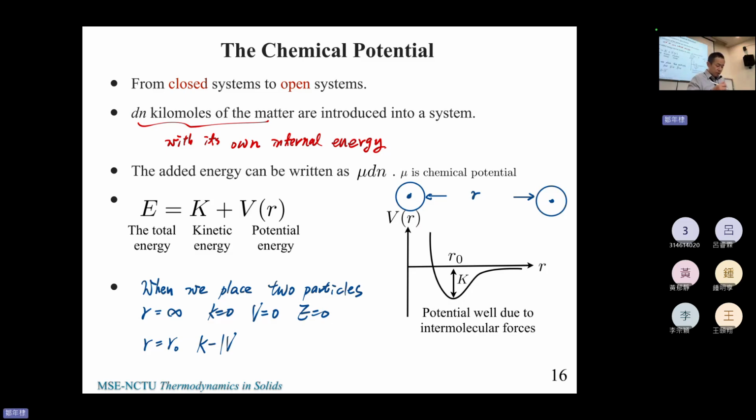Total energy equals K plus V. So you can see that the energy is there, and it can transfer from V to K, as we mentioned, that the potential energy can transfer to the K. So at that time, at the R naught distance, actually the energy well depth equals the K.